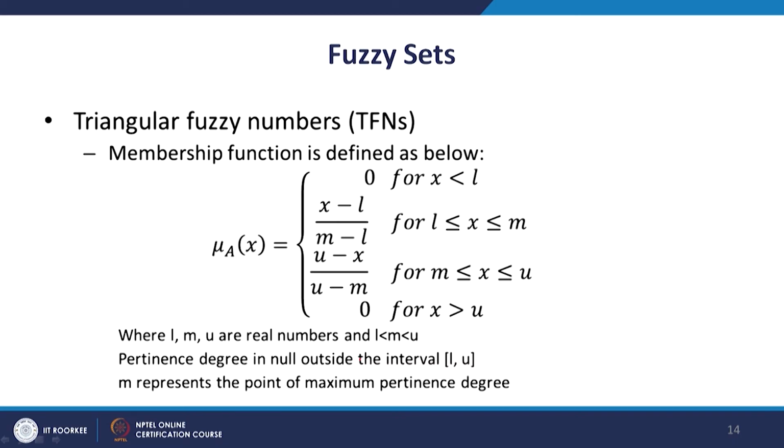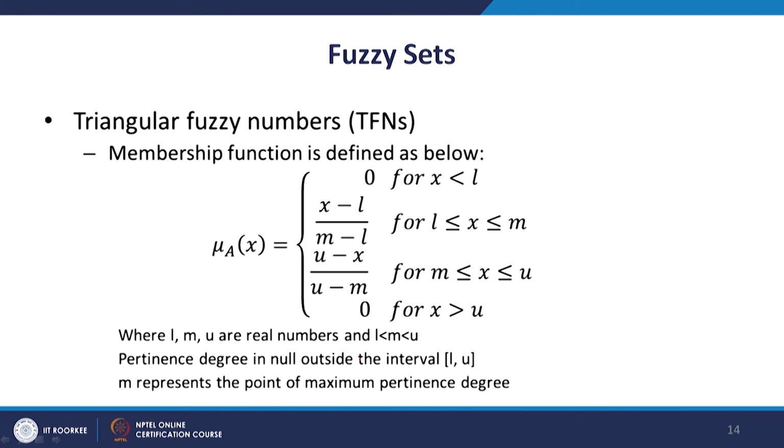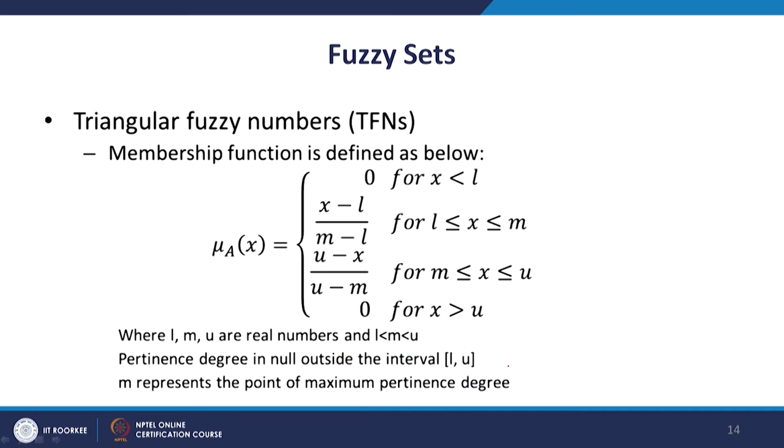If the element x lies between M and U, the membership value is U minus x in the numerator divided by U minus M in the denominator, and if x is greater than U, then again the value is 0.